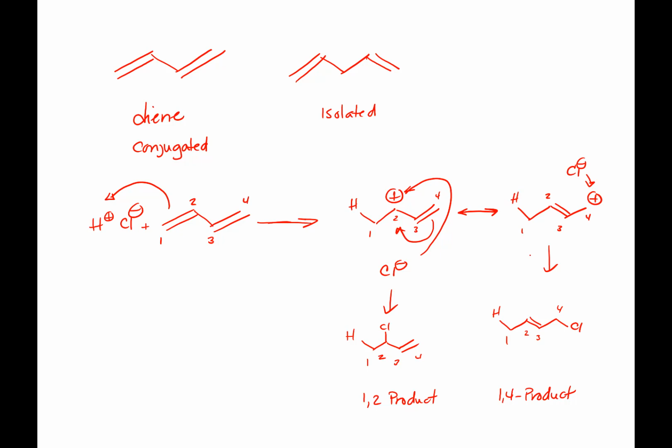And the answer is no. It's each individual reaction. Okay. So we'll finish talking about this because I want to illustrate the fact that you will get each reaction's individual result, so you can't say 1,2 is this and 1,4 is always this. So we'll finish that up.